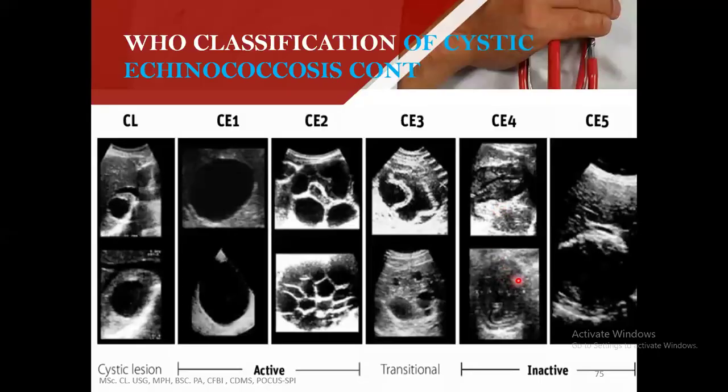So the walls are becoming hard and it has almost shrunken. Over here, the walls are too hard and calcified. You understand? And this is an inactive cyst. Completely inactive and degenerated. But that part of the liver is damaged.